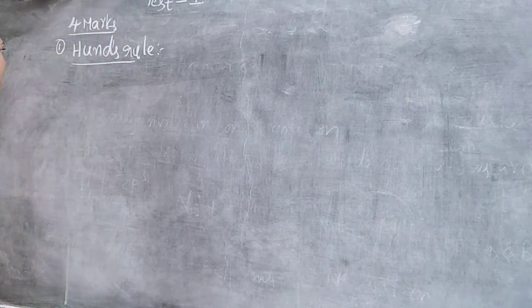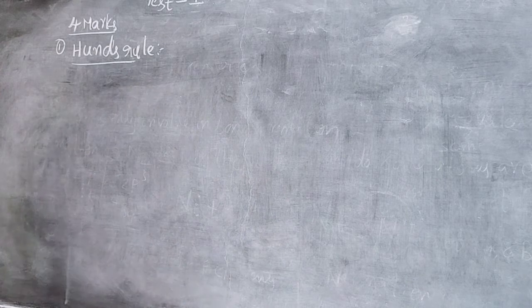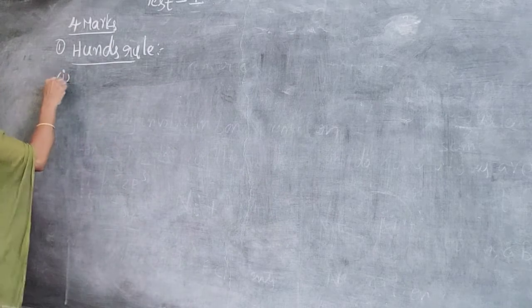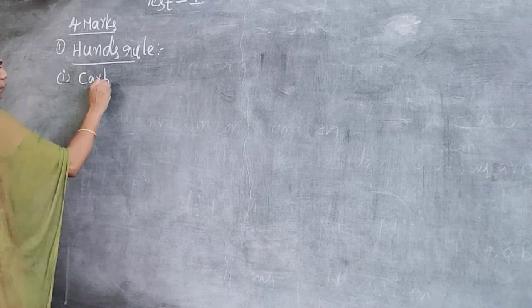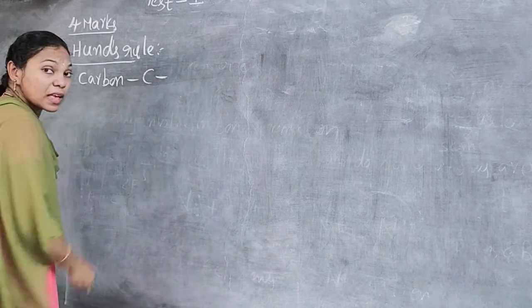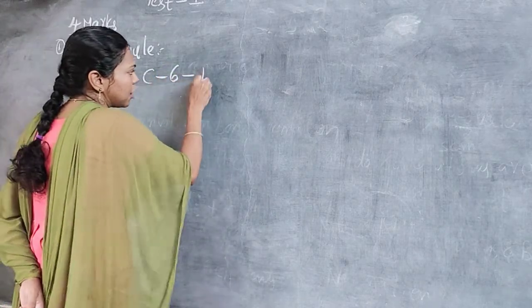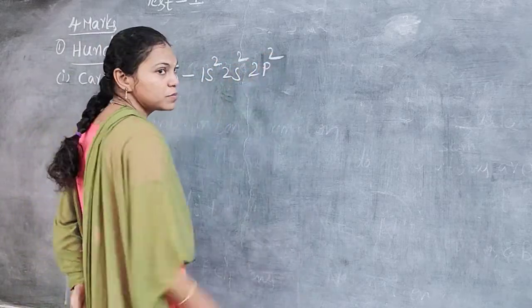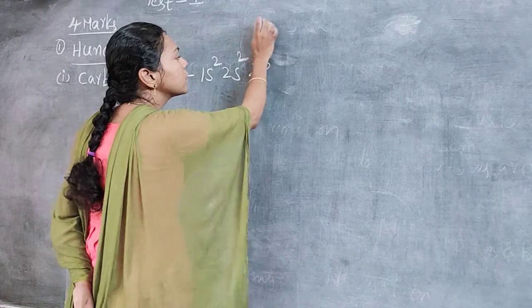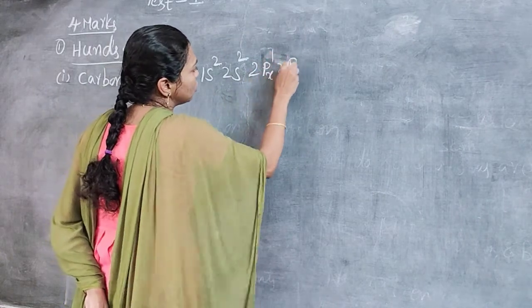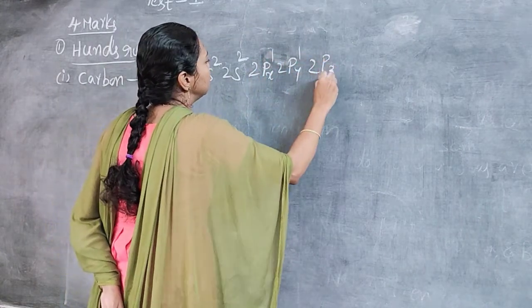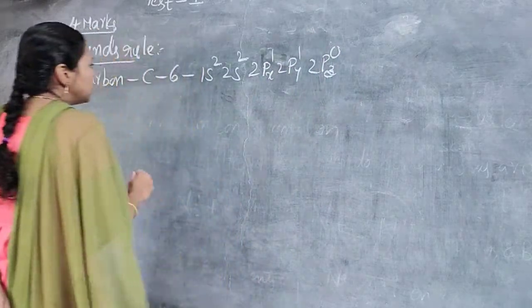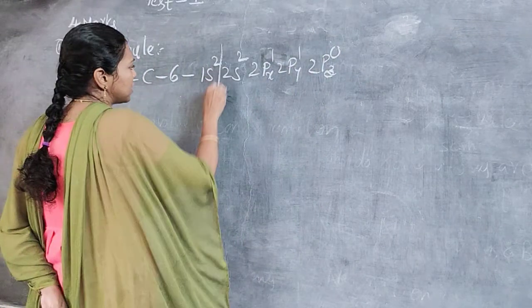By taking 2 examples, I explain this rule. One is carbon, symbol C, atomic number 6, electronic configuration 1s2, 2s2, 2p2. 2p2 means 2px1, 2py1, 2pz0.